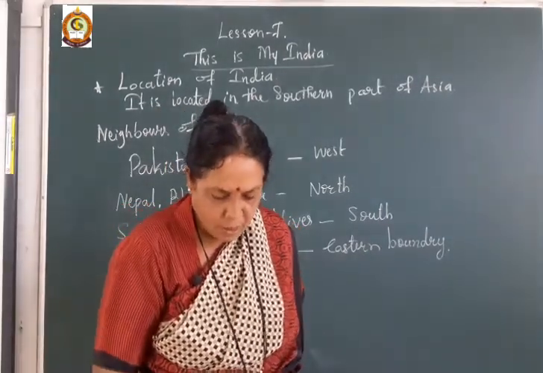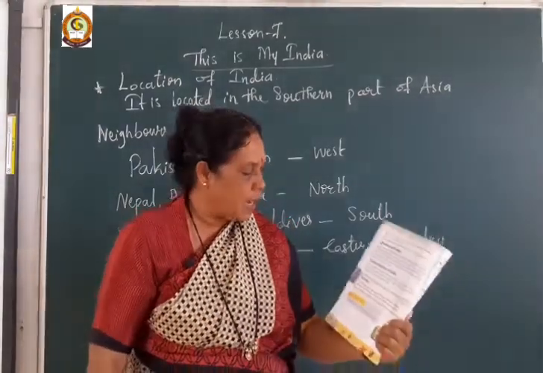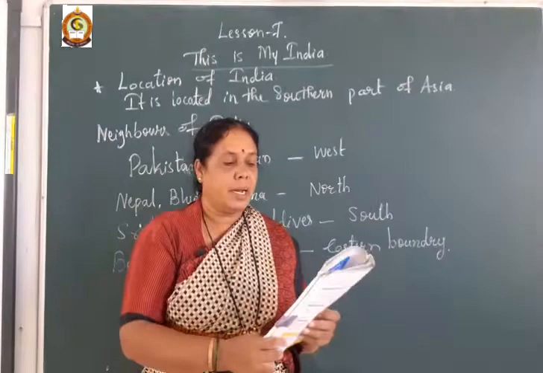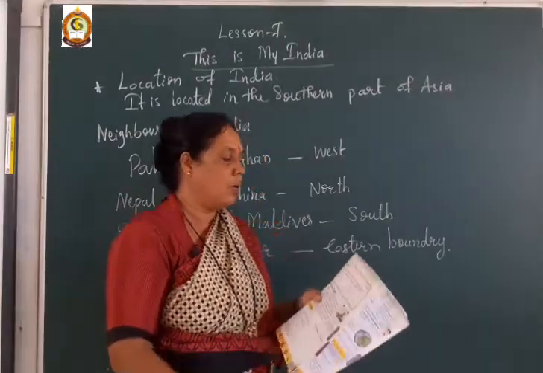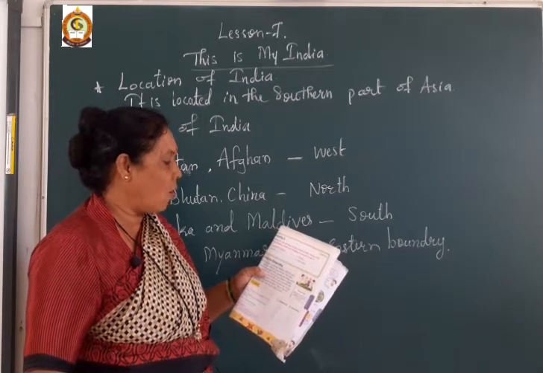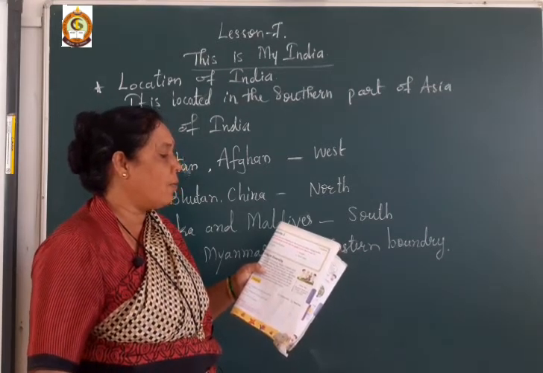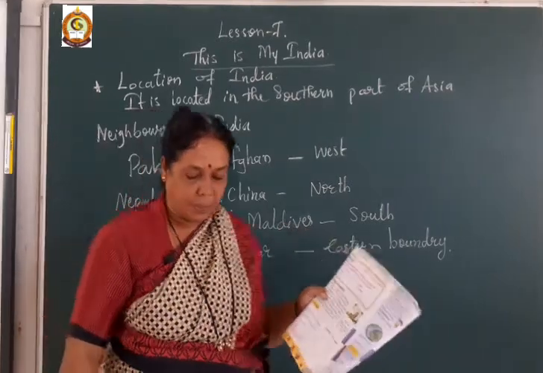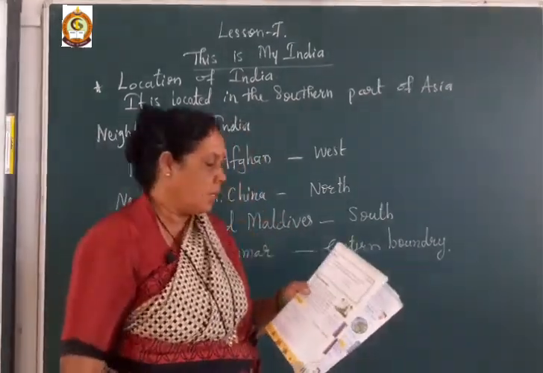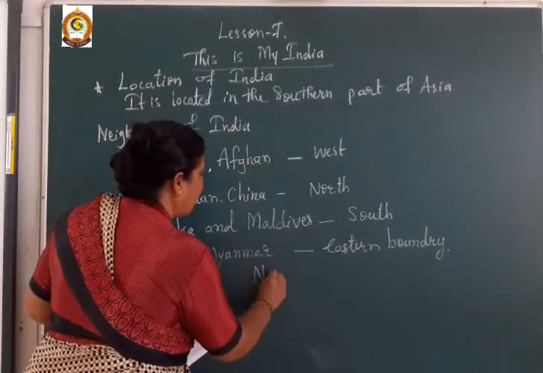Dear students, here activity 2 has been given. One activity I have told you is to make a chart of this, and the second activity is, imagine you are standing at the center of India facing north. Which direction would you be going if you go to Himachal Pradesh? Himachal Pradesh will be to the north. First answer is north.